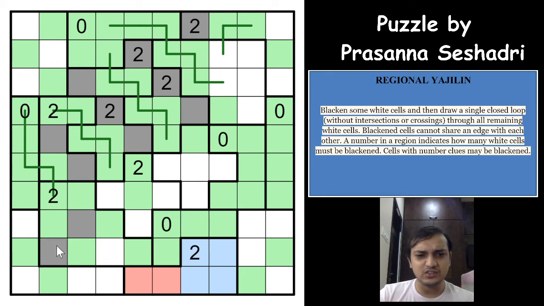So if I shade this cell, this loop segment will go this way, because this cell has to be passed by the loop, and this cell as well. So the loop segment cannot go this way and this way, both ways at a time. It can either go this way, which will strand this cell, right, or it can go this way, which will strand this cell, right? So one of the possible combinations is eliminated.